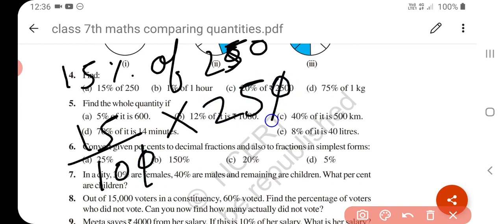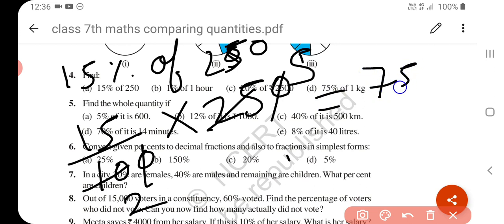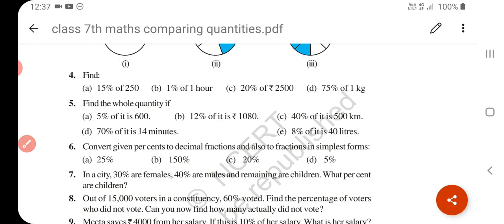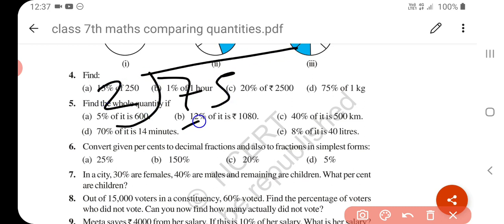Zero will cancel with zero. 5 5s are 25, 5 2s are 10. So it's 75/2. When you divide 75 by 2, 2 3s are 6, 2 7s are 14.